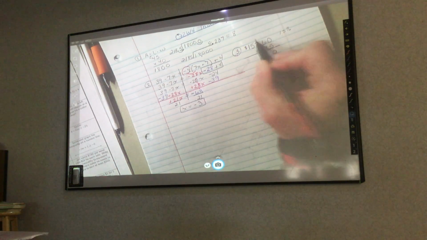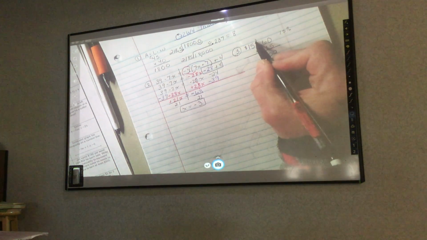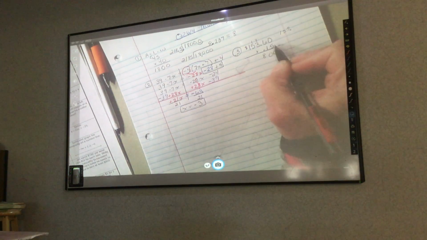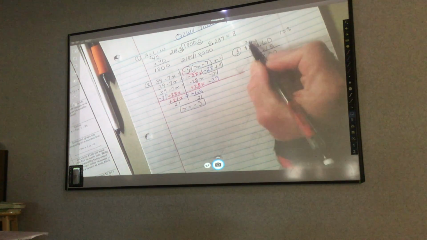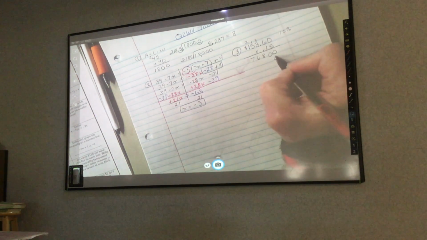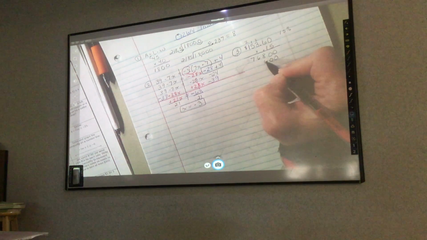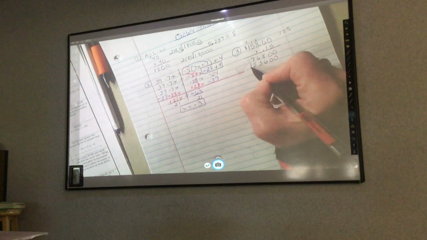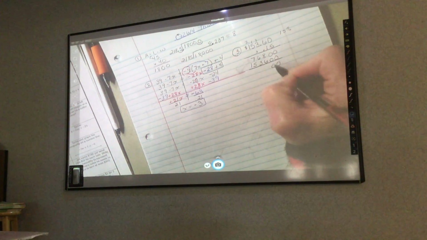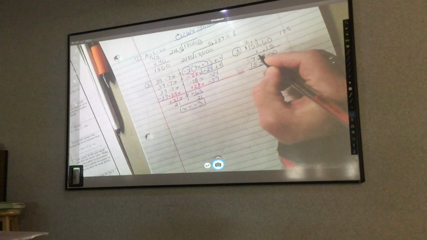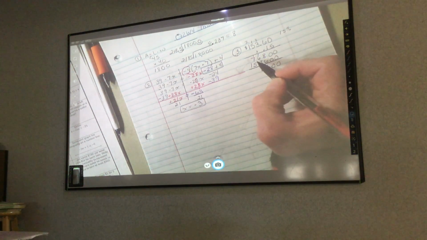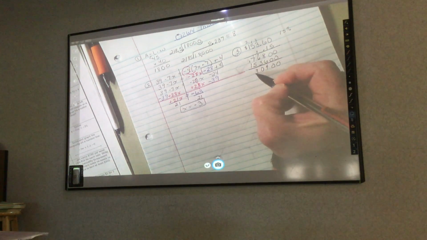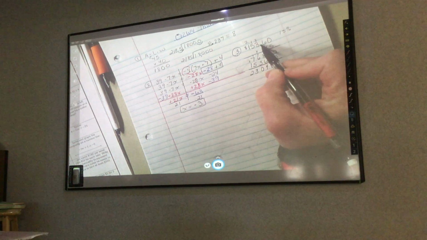Then add the 0. Line them up and add them. 8 plus 5 is 13, and I count my decimals.